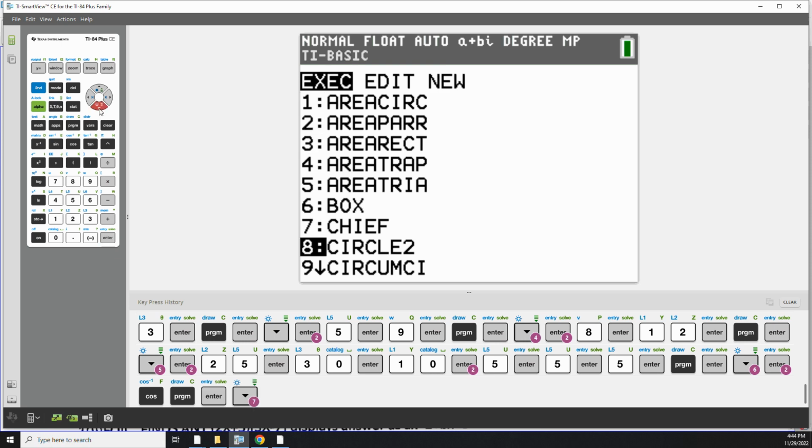Circle 2, I could show you, but I can't show you on the calculator. It makes my calculator blow up. Anybody in trig, yeah, the whole unit shuts down. I got to reboot the computer. Don't ask me why. Go to circle 2. Who's in trig class right now? Y'all are going to love circle 2. Hit enter.